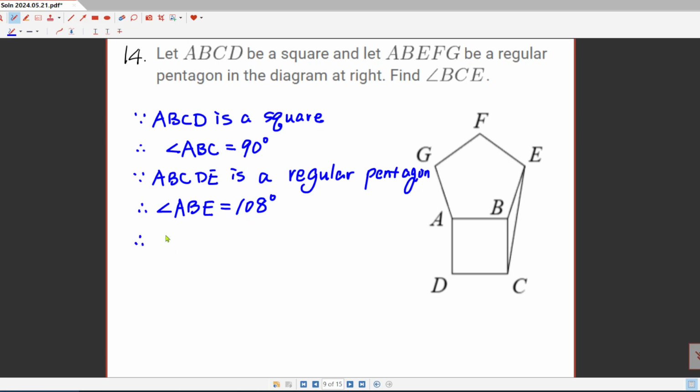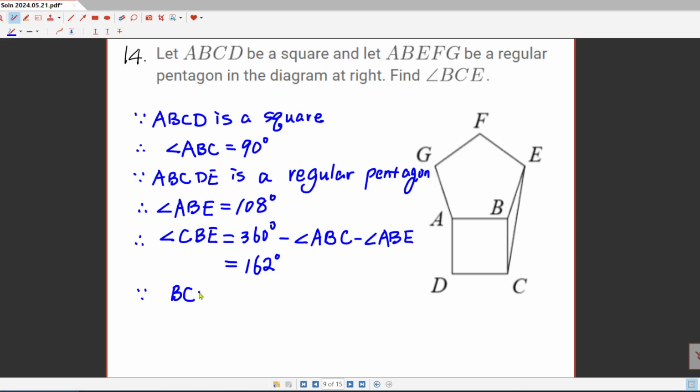Therefore, we know angle CBE can be calculated by 360 degrees subtracted by angle ABC, then subtracted by angle ABE, which gives us 162 degrees.